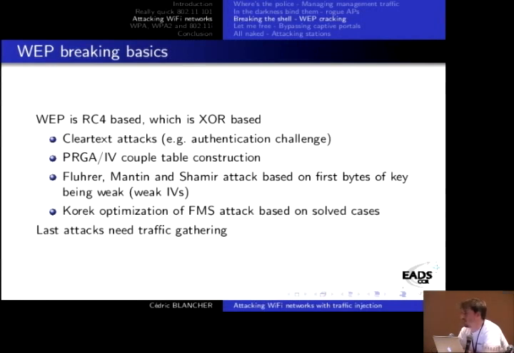But the thing is, RC4 is vulnerable to clear text attacks. So if you have the clear text and the cipher text, then you can grab the key. And that's it. So if you use a WEP network with authentication, then you're vulnerable. This leads to what we call PRGA, a highly coupled attack construction. The thing is, the key changes for each packet, because each packet uses a different initialization vector.